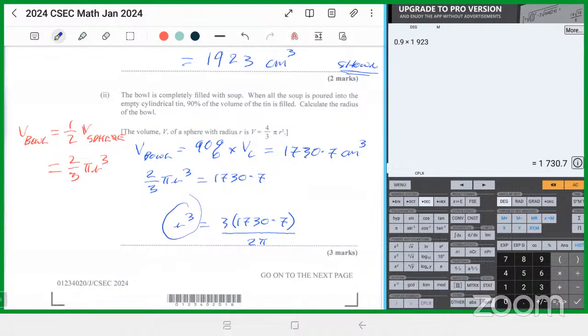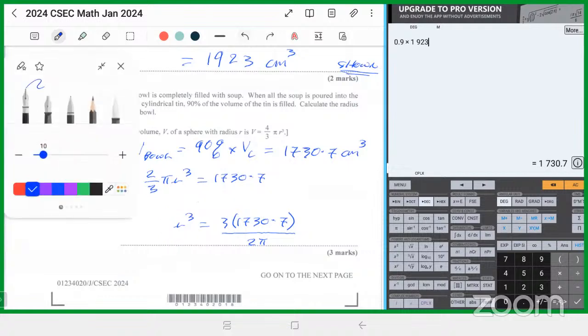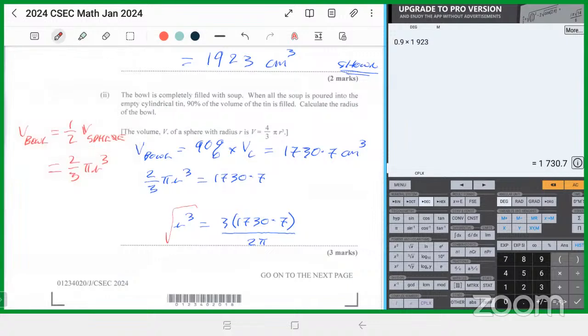And if I want r, then I will have to take the cube root of both sides. All right, and then this cube root will eliminate that cube. And I'm going to be left with this r, so I can erase that. And the r is going to be equal to that cube root expression there.